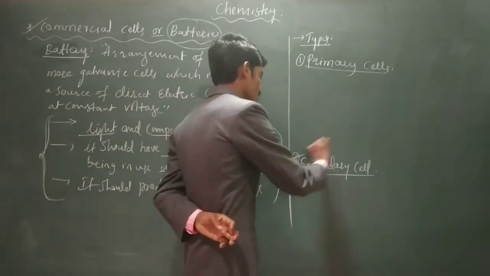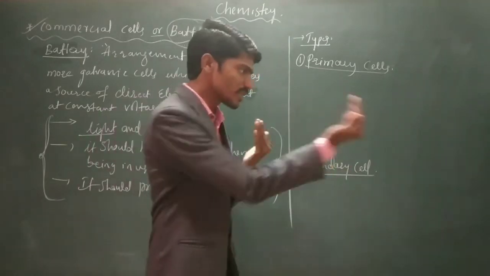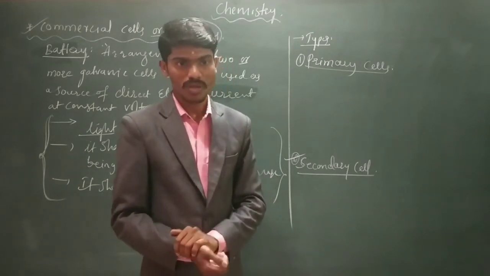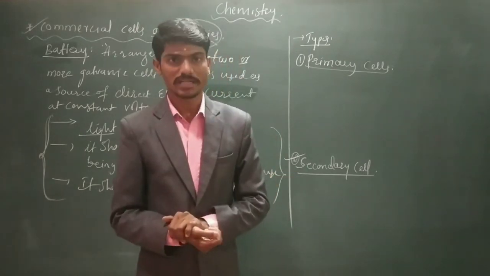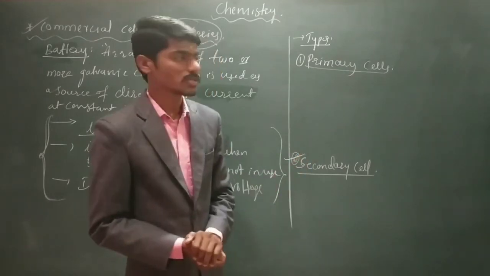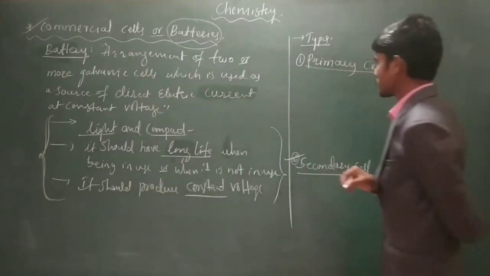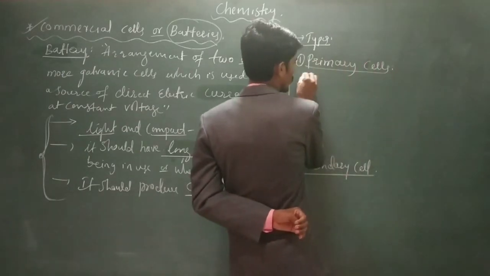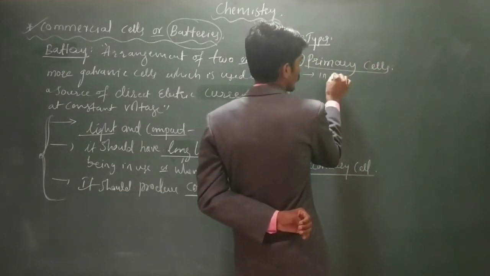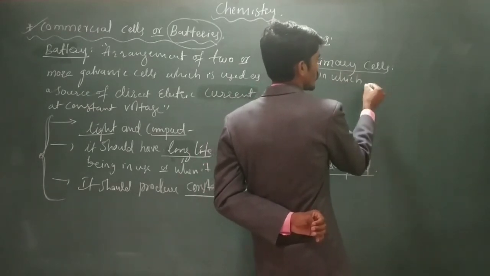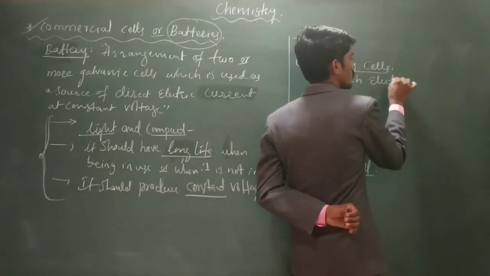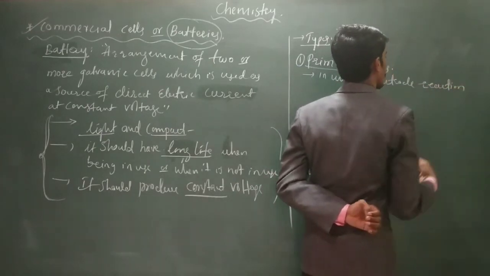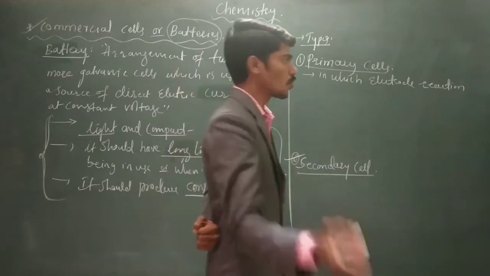Whereas secondary cells are those in which the electrode reaction can be reversed with the help of an external source. Rechargeable batteries are called secondary cells. So simple यहाँ पर, primary cells or primary batteries are those in which the electrode reaction takes place only once.